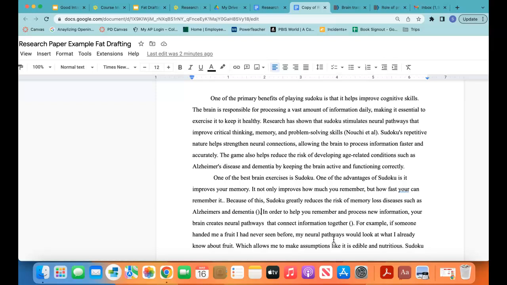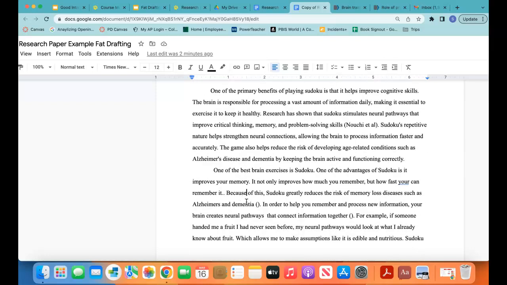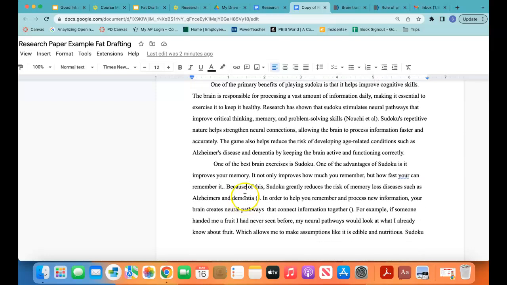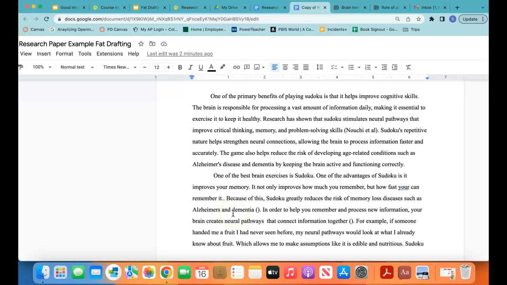So, I'm not going to show you my whole process of adding things, but I am going to show you the first part. So, looking at it, okay. The game also helps reduce the risk of developing age-related conditions.